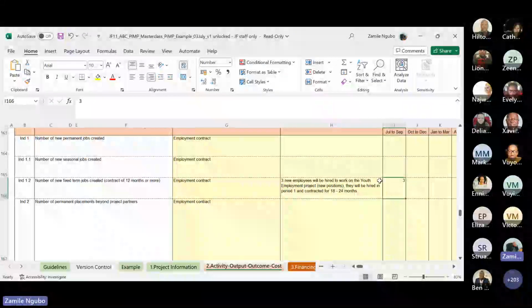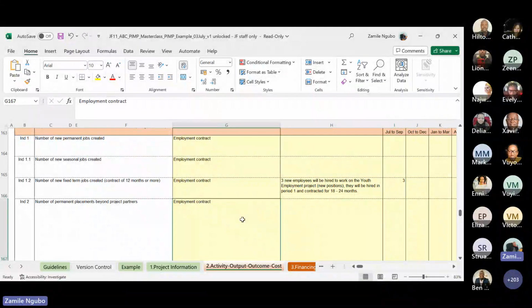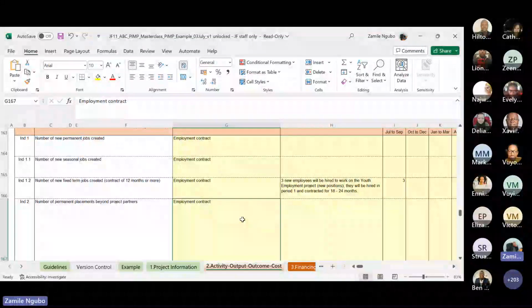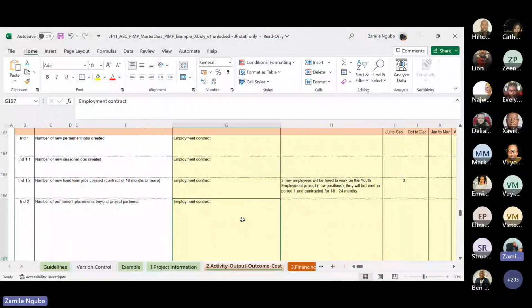Then in the project example, there is indicator 2, number of permanent placements beyond project partners. Here, out of the trained or enrolled candidates, after completion, we are assuming that others will be able to self-place themselves, meaning that they will seek and secure their own jobs. So we're given a number of 15 there.